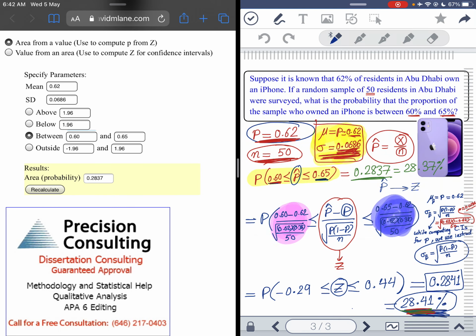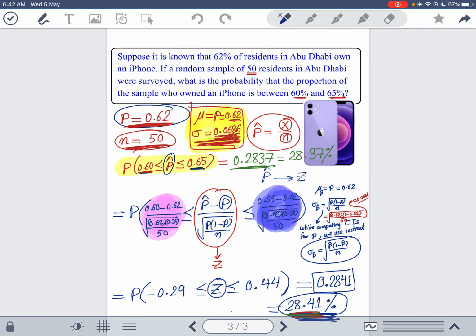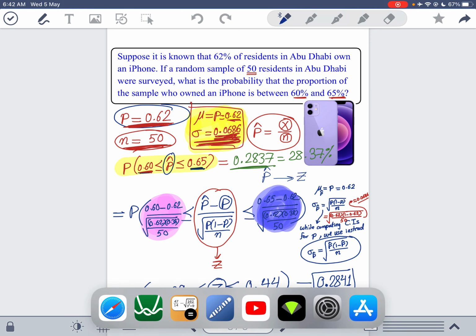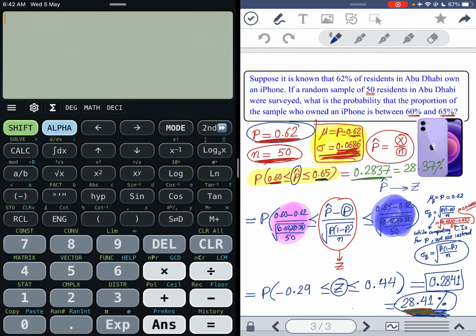Oh, by the way, did we check that our condition is satisfied here? This is something that you need to check. So it's good that I didn't, so that you see that it's not a mistake. I chose numbers that would work, but you cannot solve it immediately. When you are solving this question, you'll just make sure that np and n times 1 minus p both are more than 5.